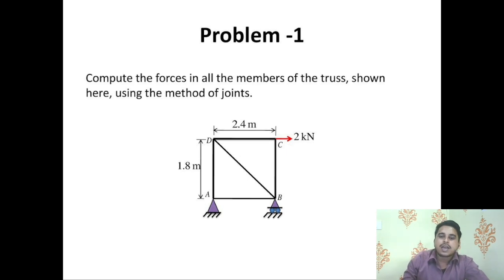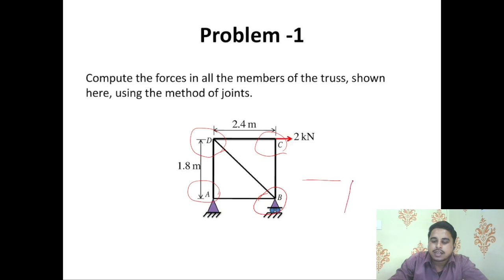Here you can see there are four joints, A, D and C, lastly B. Joints are the points or connecting nodes. Actually it's a node where two members connect to each other. Remember it, if there is a joint, then there must be two members.